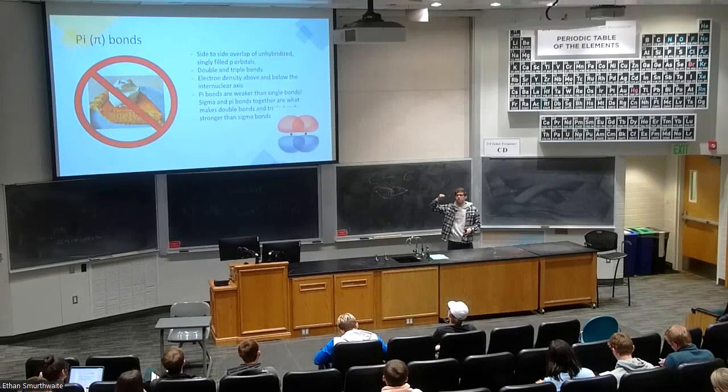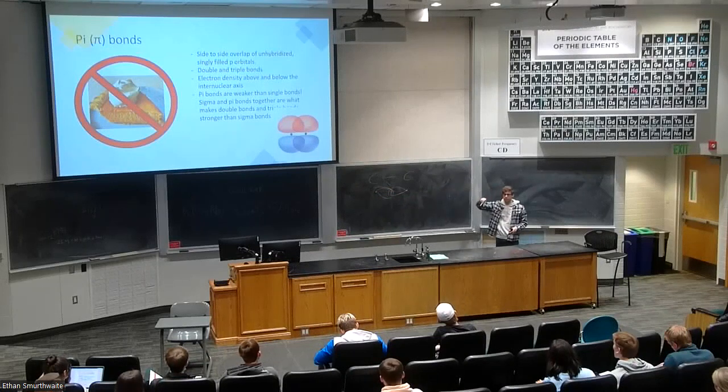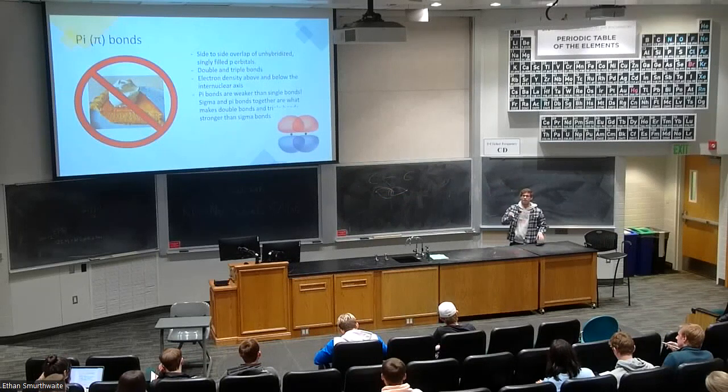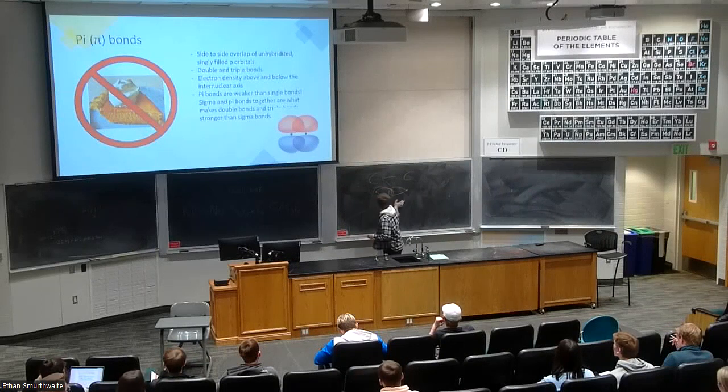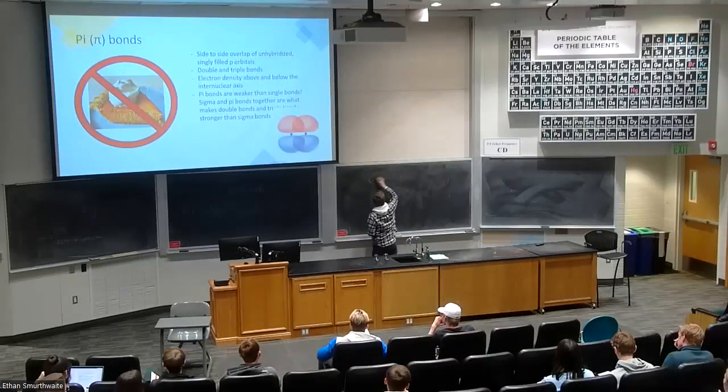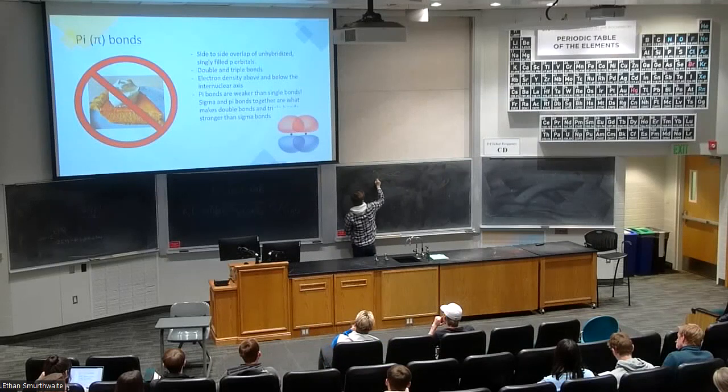They happen when there's a singly filled p orbital, or just orbitals that are not hybridized. So let's say you have an sp2 hybridized carbon bond. It looks like C double bonded to C, and we'll throw some H's on there.